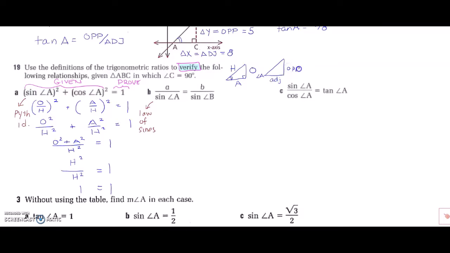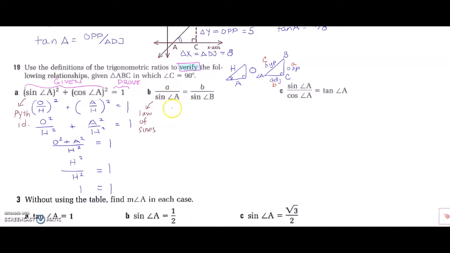This is the opposite side. This is the hypotenuse. This would be B, and this would be C. That would make opposite angle A would be side A, opposite angle B would be side B, and opposite angle C would be side C.